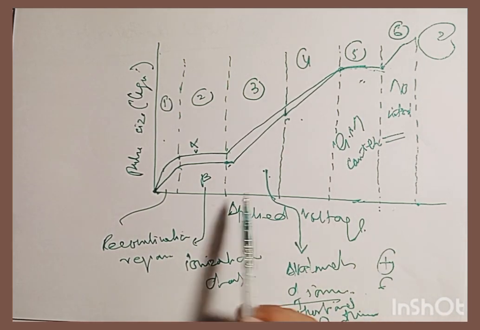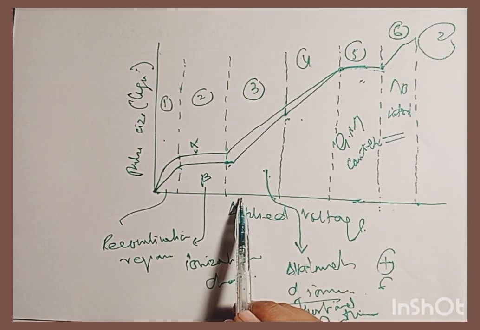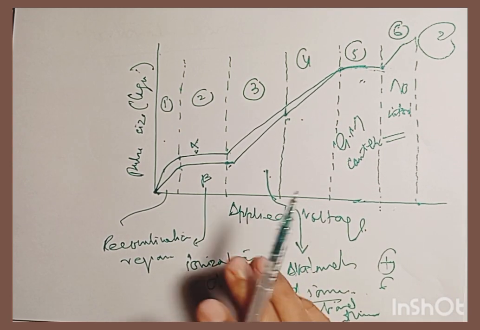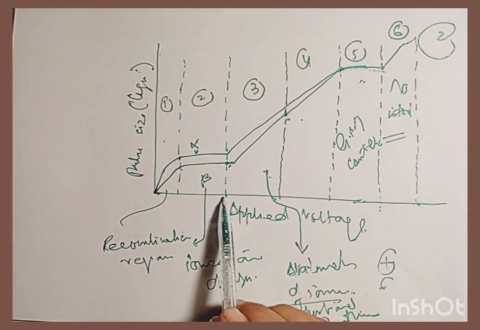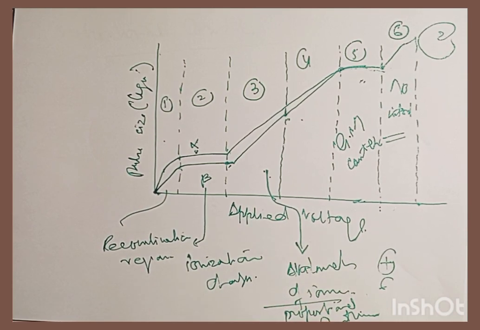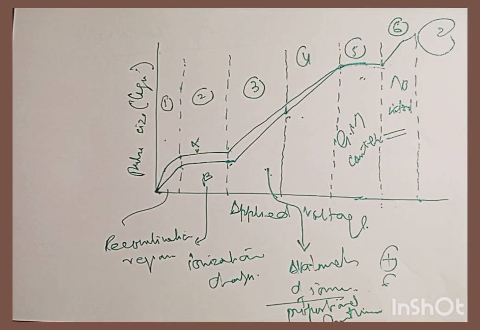So the potential difference is increased so that it works in the proportional region, in which the size of the output signal is proportional to the number of ions formed by the primary ionization process, when particles enter the chamber and cause ionization.